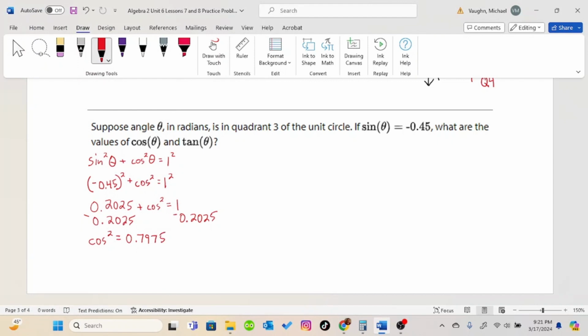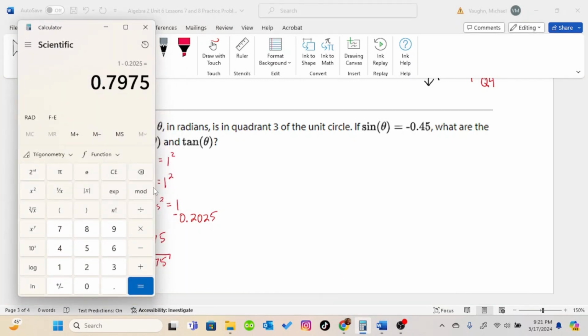Now I need to take the square root of both sides. So cosine equals the square root of 0.7975, and that is 0.89.